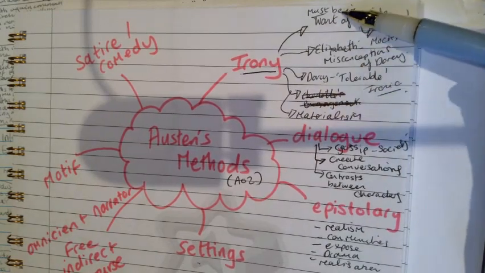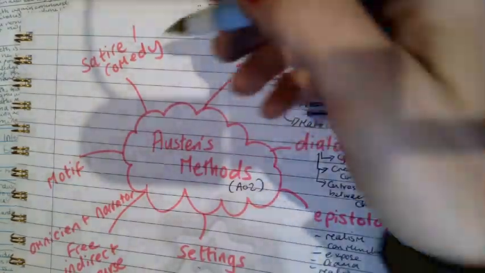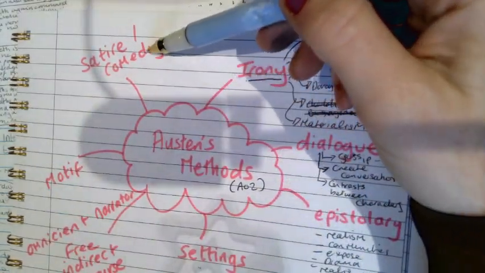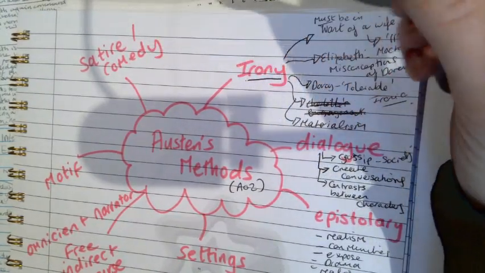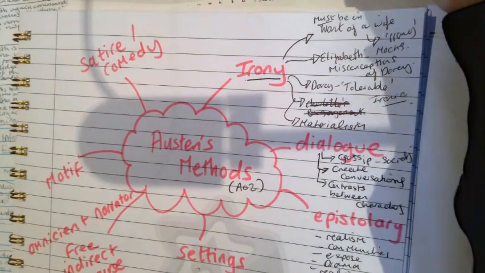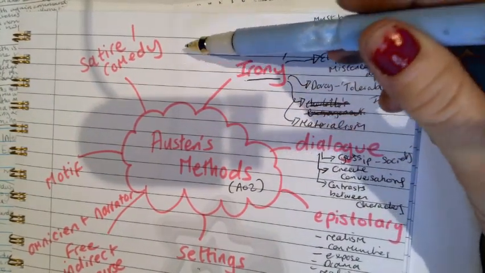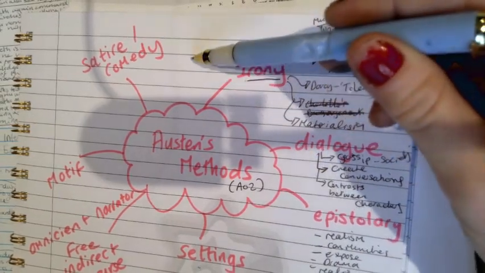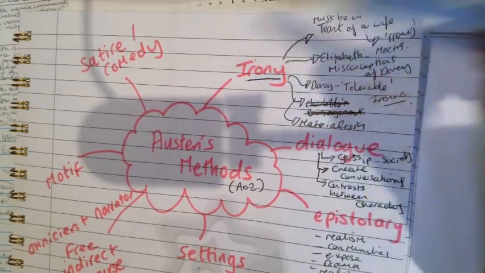Another one could be Mr. Collins. He actually crosses over with satire a lot. So does Catherine de Bourgh. So do the sisters. They're all very satirical characters. For instance, if we talk about the Bingley sisters, they hate the Bennets for their vulgarity.